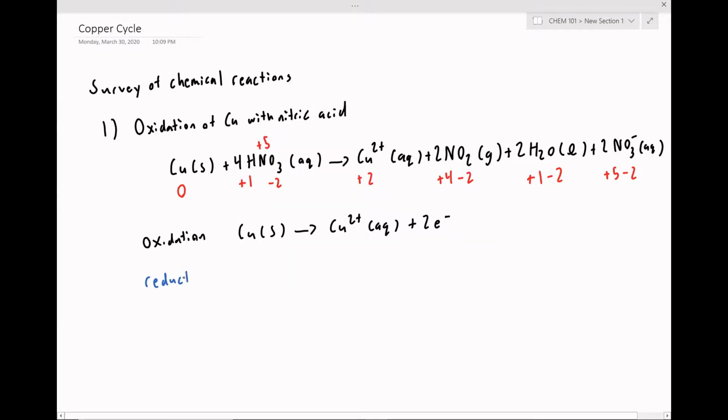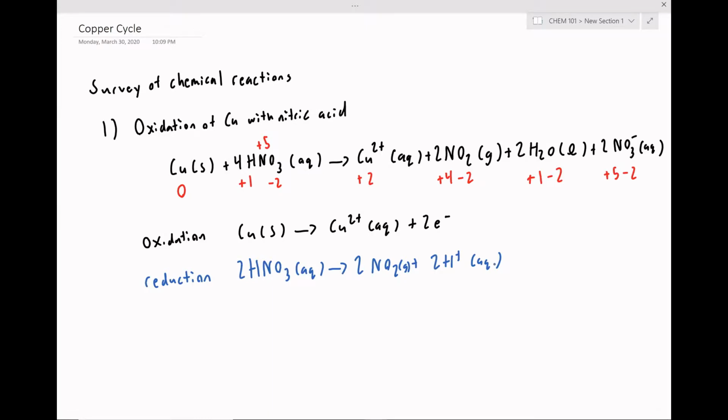So for our reduction half reaction, we have 2 molecules of nitric acid, HNO3, leading to 2 molecules of nitrogen dioxide, plus 2H plus, just to balance out our atoms.